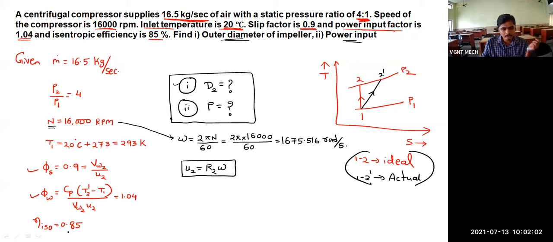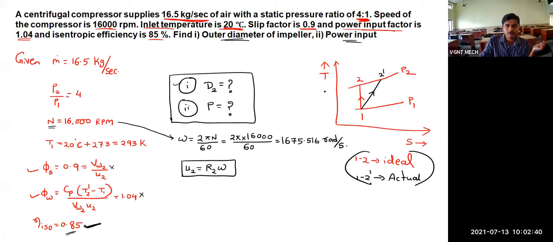So we will start from this isentropic efficiency, because both the things are unknown. We cannot apply this formula because here also VW2 and U2 are unknown. So we will start from isentropic efficiency. Inlet temperature is 20 degrees Celsius, right?